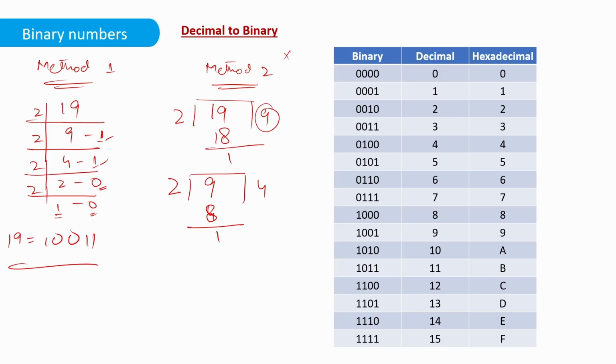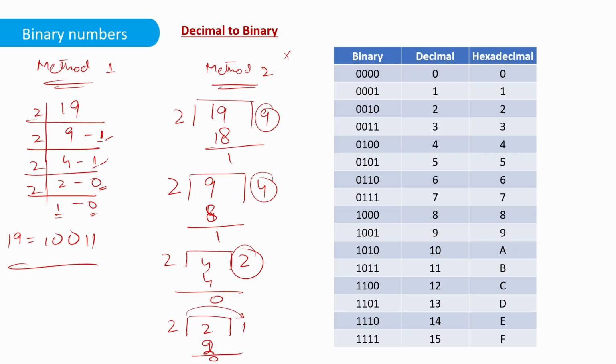So this becomes 1. Right? Now I have to do the division of this 4 again. So 2 times 2 gives me 4, remainder 0. Now I have to do a division once again for this. So 2 times 1 gives me 2 and remainder 0.